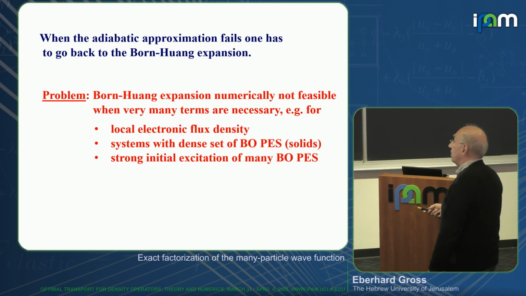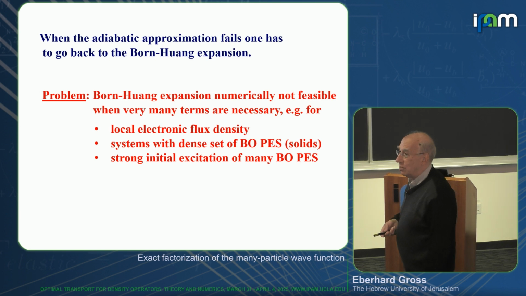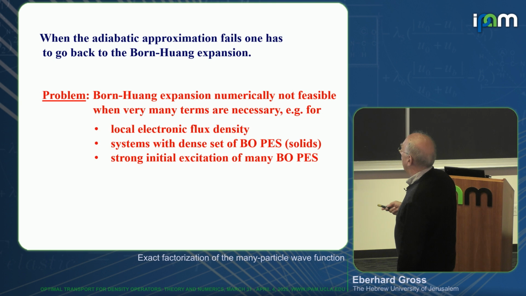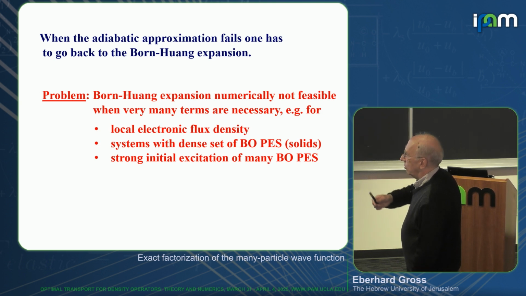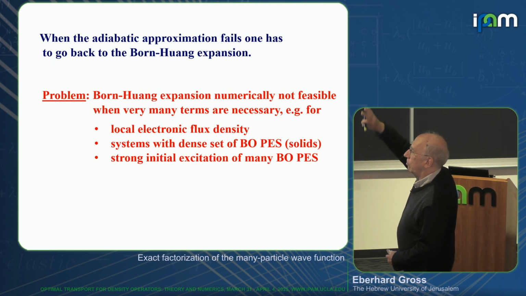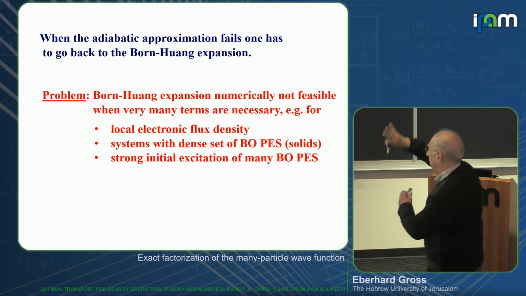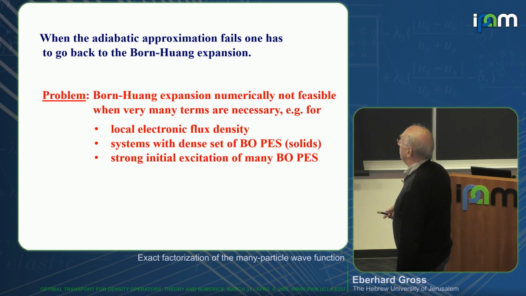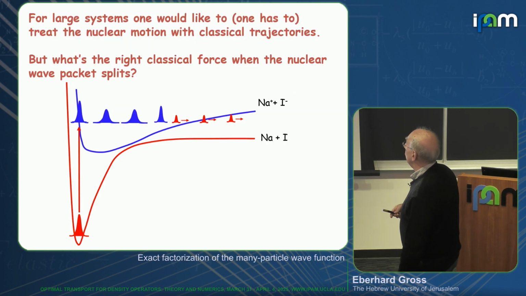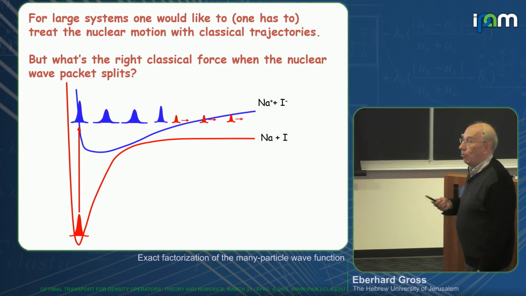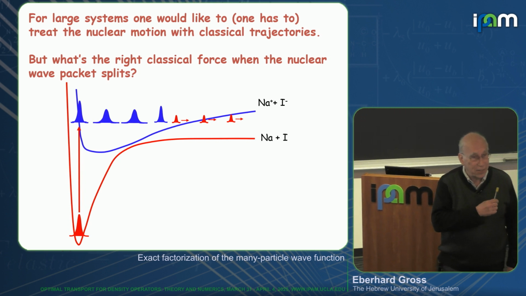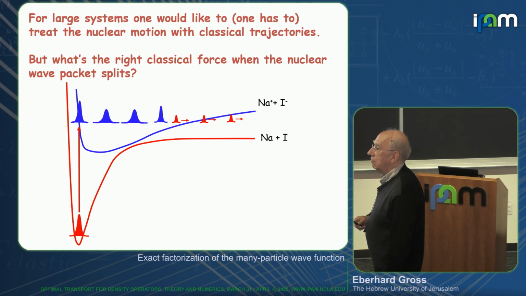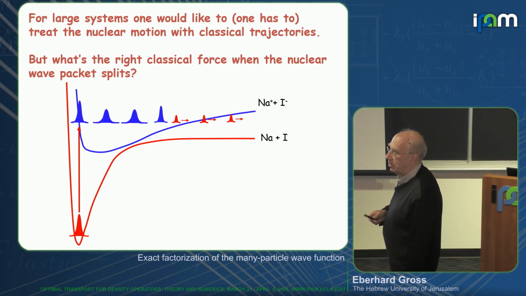So I have not seen any Born-Huang expansion for solids so far. I think it's not possible numerically. Then also if you have a strong initial excitation so that the initial state occupies many Born-Oppenheimer states initially, then you need many states, and it's also difficult. Okay, so what can you do? One thing that one often likes to do is to treat the nuclear motion classically or semi-classically.